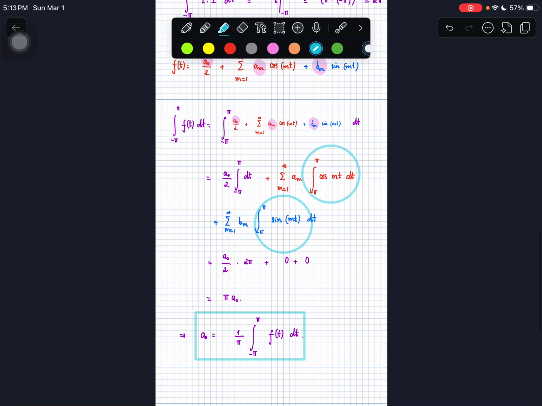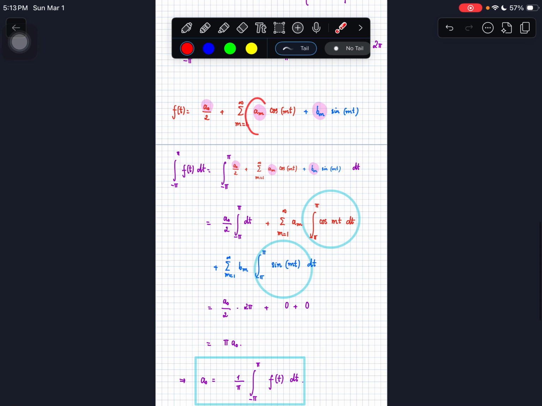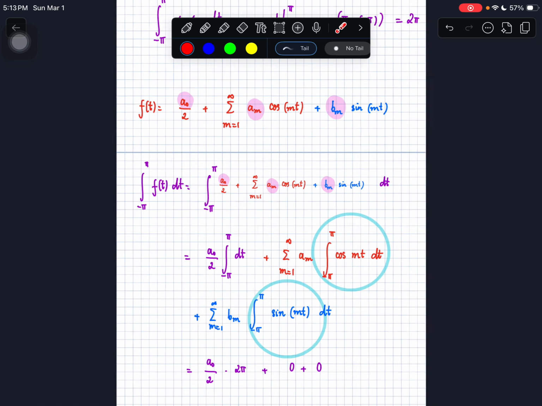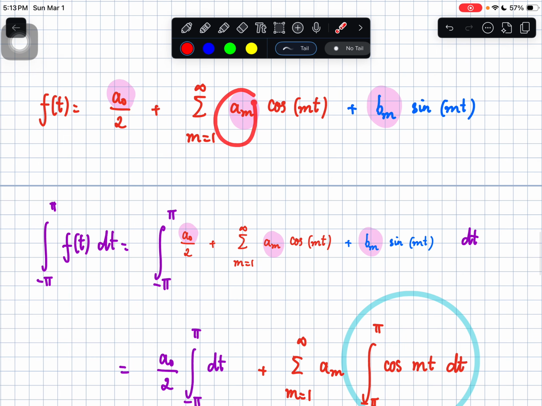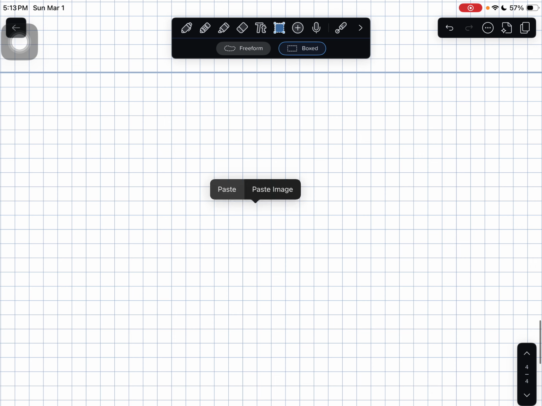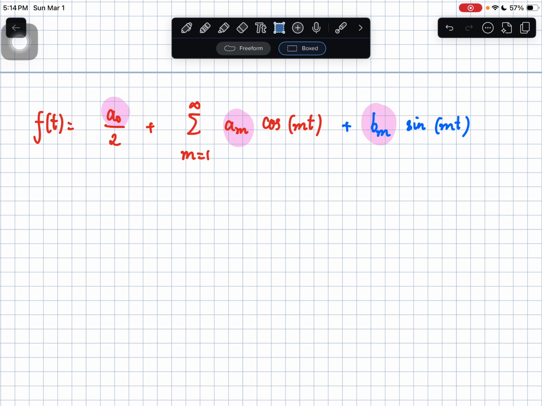Now we have am and bm to compute. To compute am, you multiply cosine nt to both sides and you integrate both sides. Here's our equality. Now I want to multiply cosine nt to both sides: f(t) times cosine nt.